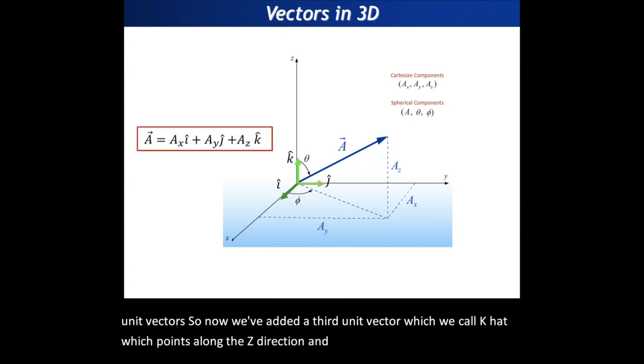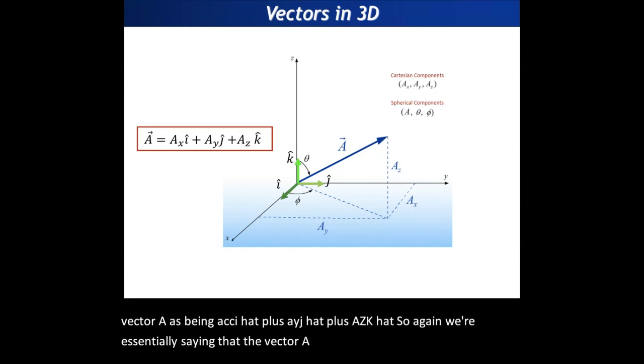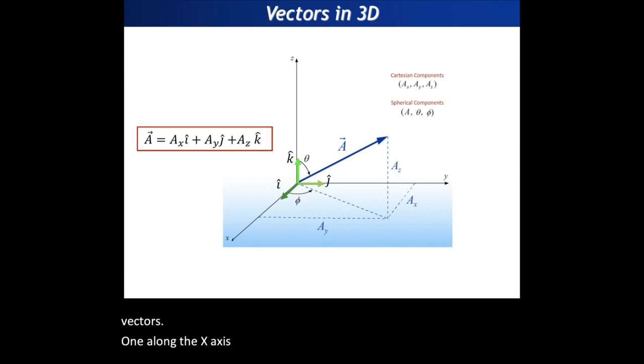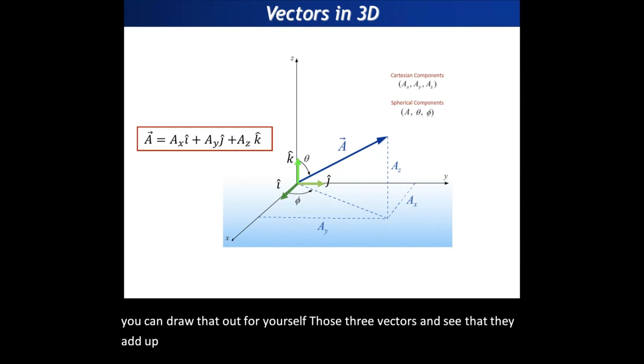Then you can specify vector A as being Ax i hat plus Ay j hat plus Az k hat. Again, we're essentially saying that vector A is the sum of 3 individual vectors, one along the x-axis, one along the y-axis, and one along the z-axis. You can draw those 3 vectors out for yourself and see that they add up to our vector A.